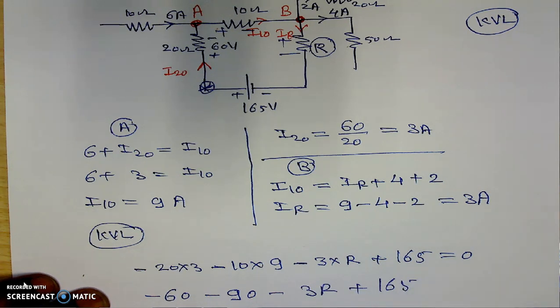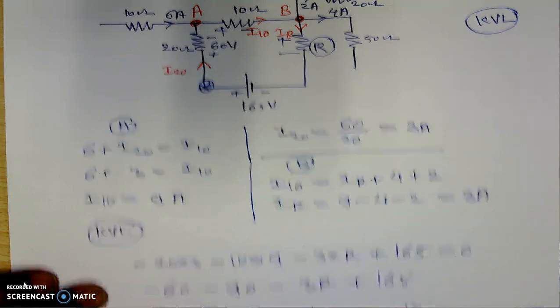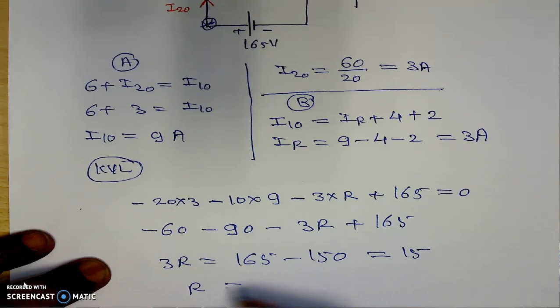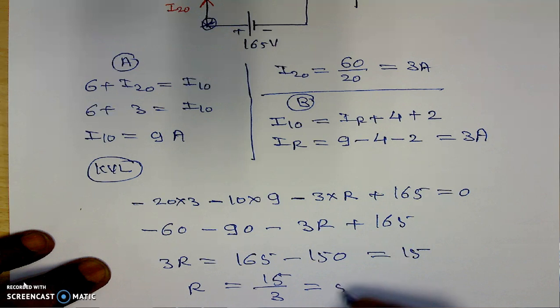If we are solving for R, 3R is equal to 165 minus 150, which is equal to 15. That's why R is equal to 15 divided by 3, and its value is coming to be 5 ohm.